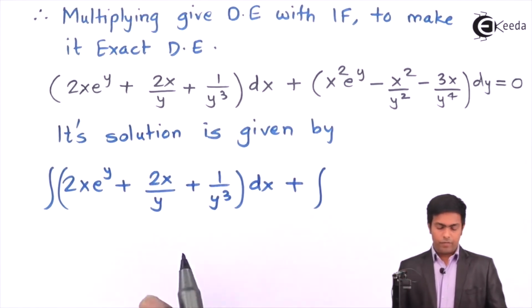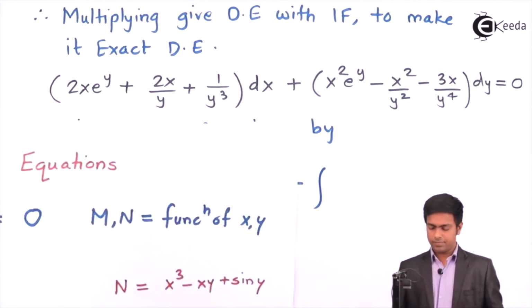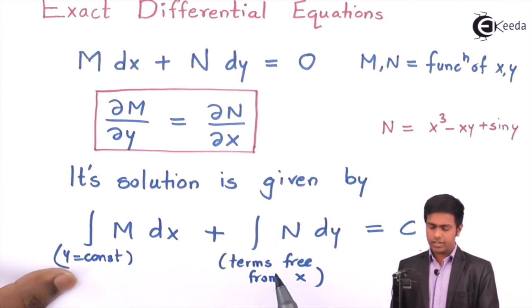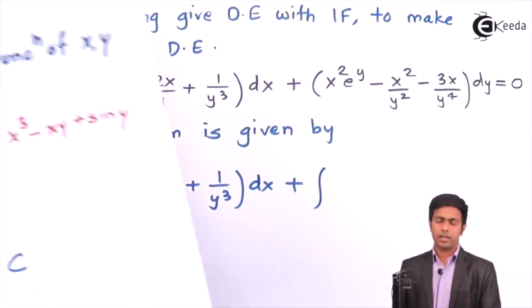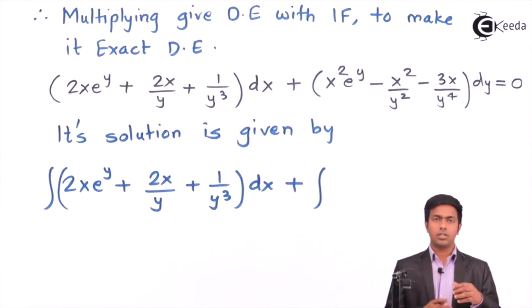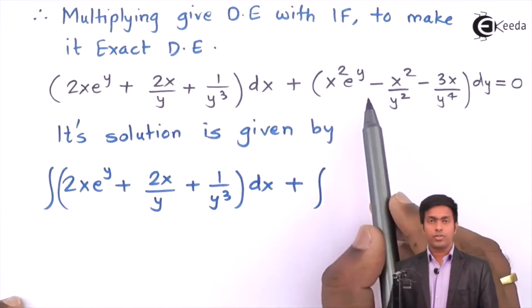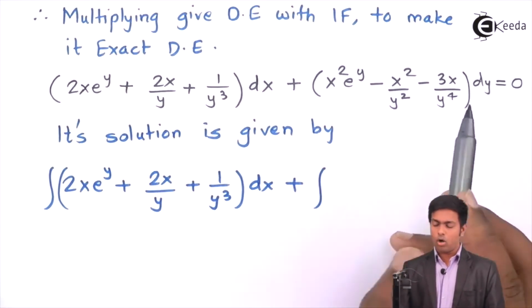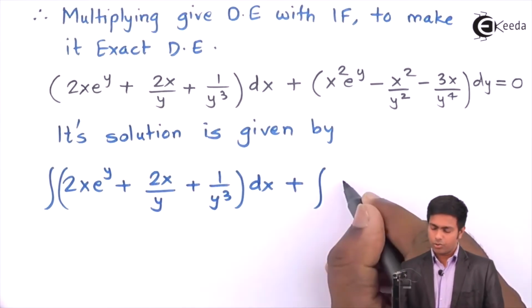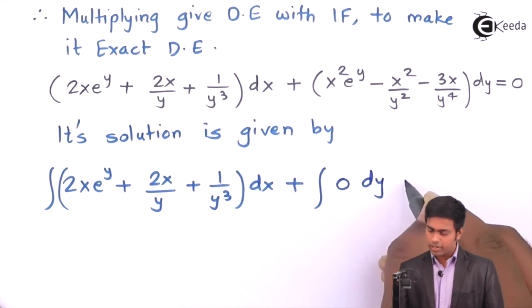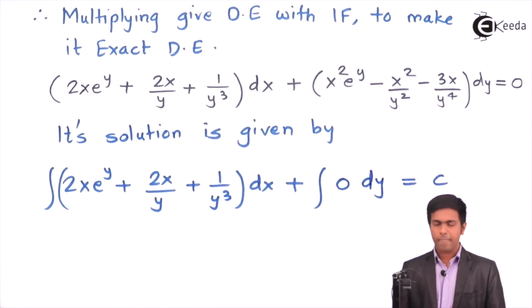For this we consider the terms which are free from x, that means the terms which do not have x. If you see the value of N, all terms have x, so we don't have any term, so I'll say it is 0 dy equal to c.